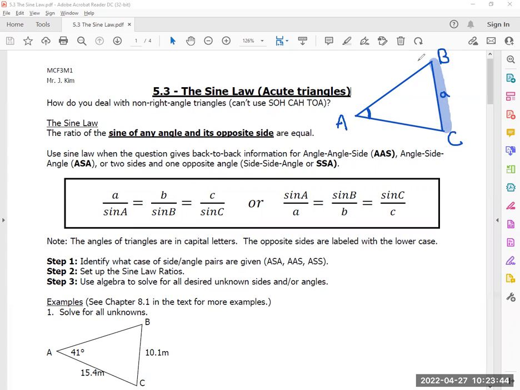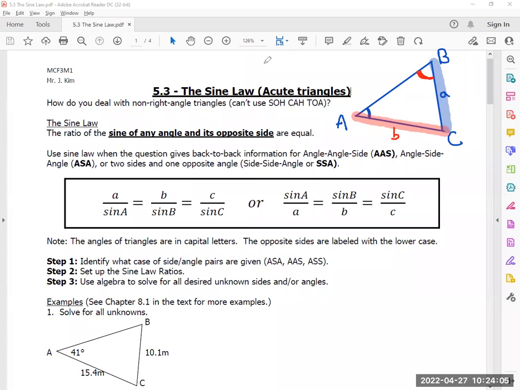Capital B is up here. This is the corner. How about I use a different color? If this is angle B, the furthest side away is called little b. That takes me back. It's been a while since I did sine law.